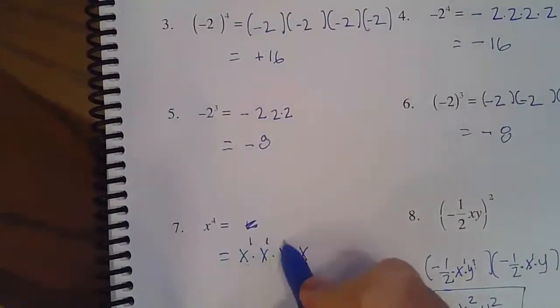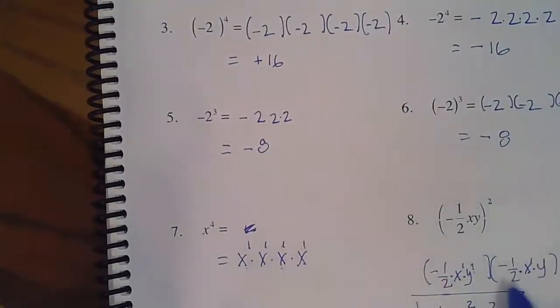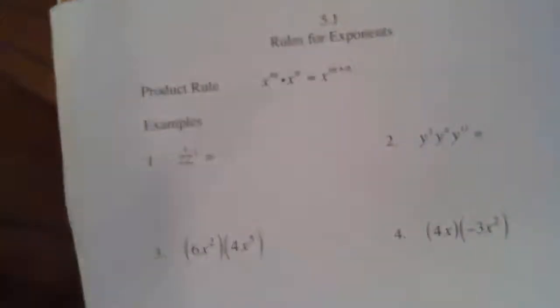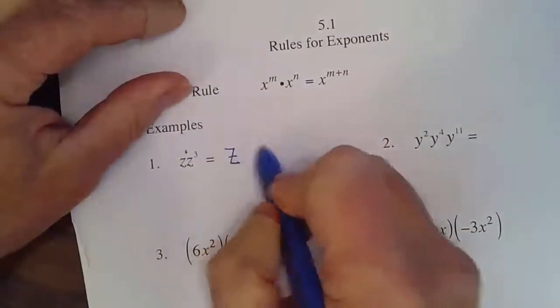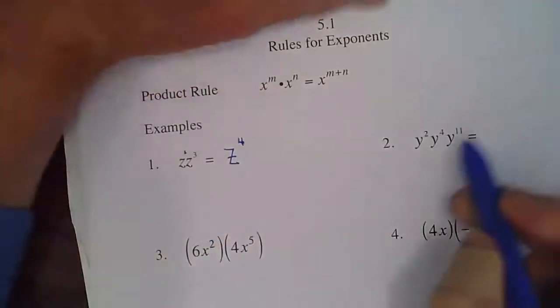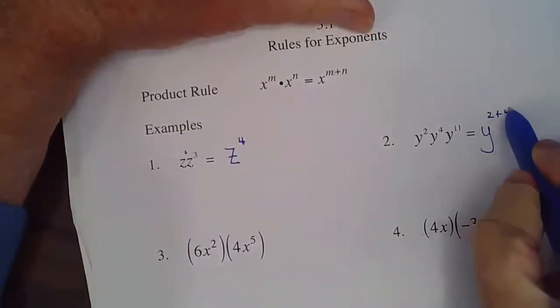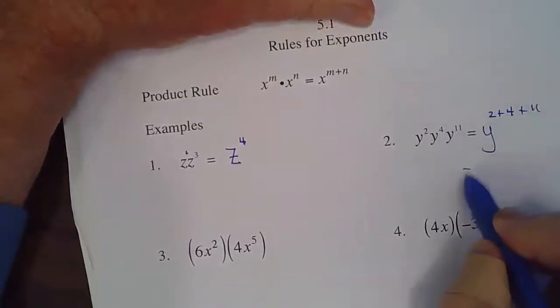Bases are the same, you add the exponents, 1, 2, 3, 4. Bases are the same, you add the exponents, and that's 2. So bases are the same, add exponents, 4. Bases are the same, you add the exponents.